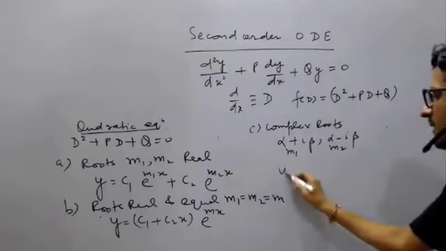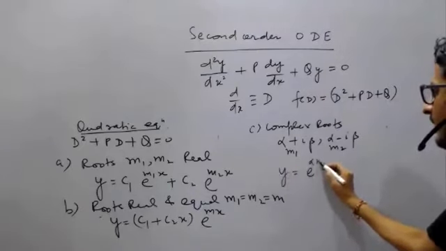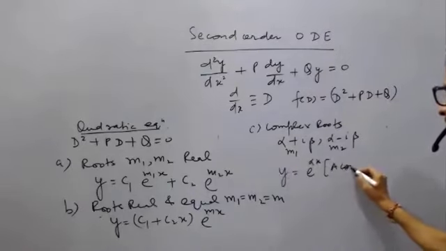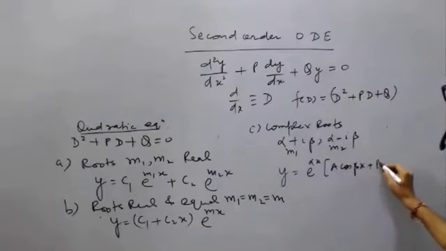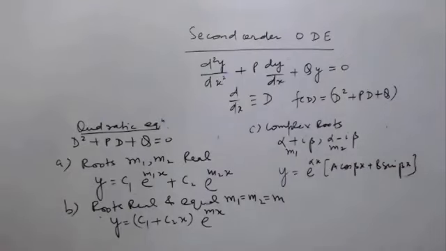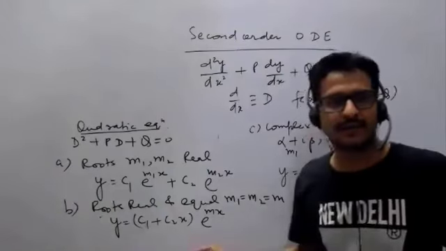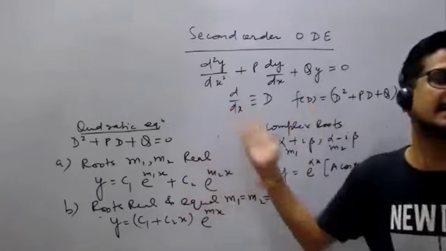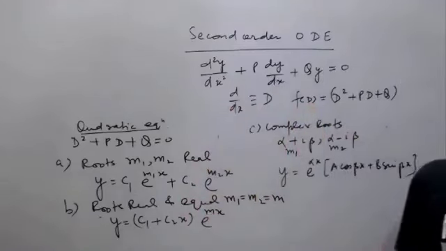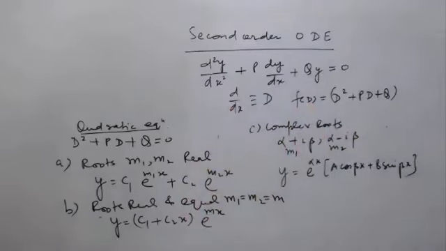Then the solution is given by e to the power alpha x (a cos beta x plus b sin beta x). This should be on your fingertips, just as I remember it, you should also remember it. There is no time to derive this. So many times a 3.5 mark question is asked from just this section. If you know this much, you can solve that even in your NET exam.